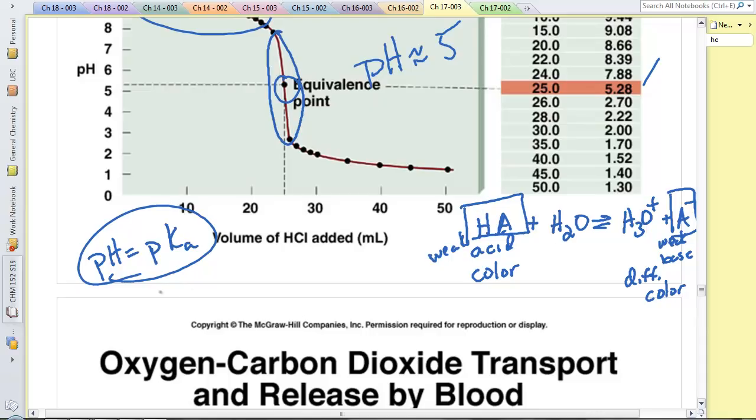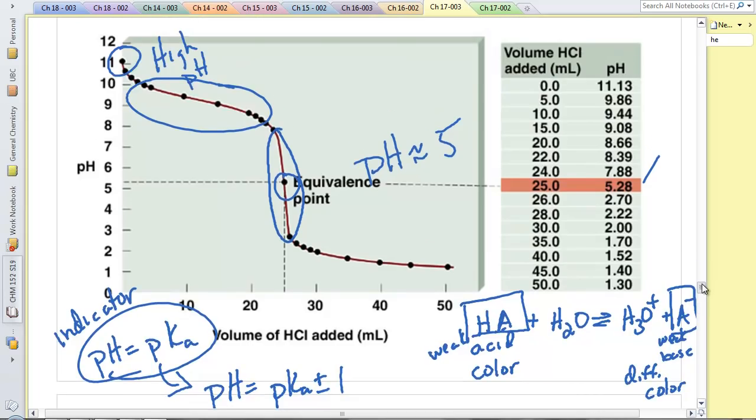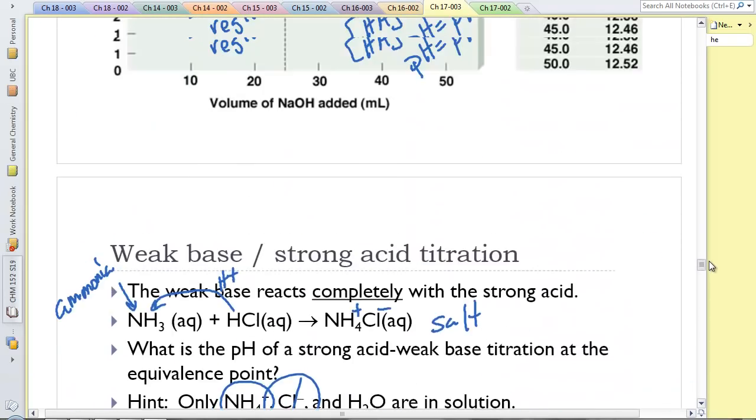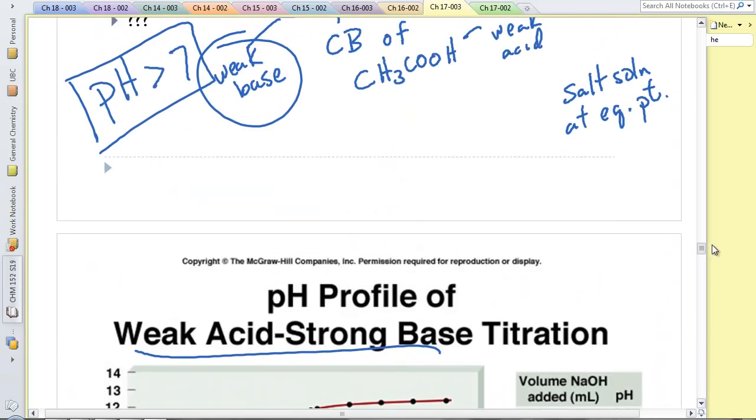So a typical indicator is going to change over a range of pKa plus or minus 1 approximately. So let's go back. I thought I had a slide with some indicators on it, but I do not.